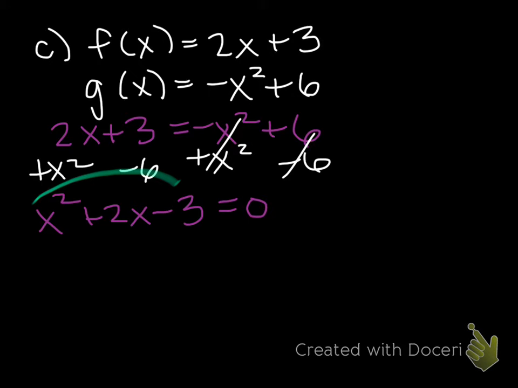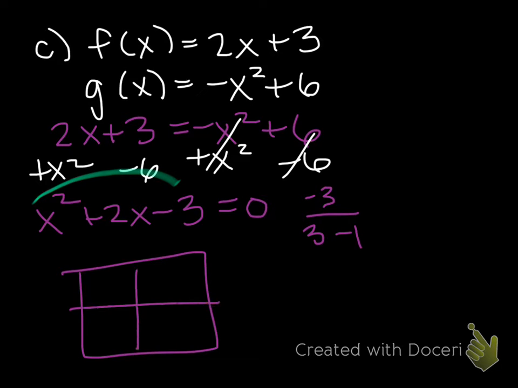So I do a times c, which is a -3. My combination is a 3 and a -1. I'll go back to the box method this time to keep it fair. So I have x squared, a 3x, and a -1x, -3 in that bottom. And now I find the outside. So I'll have x and an x.